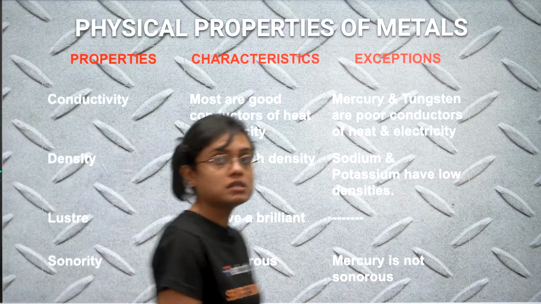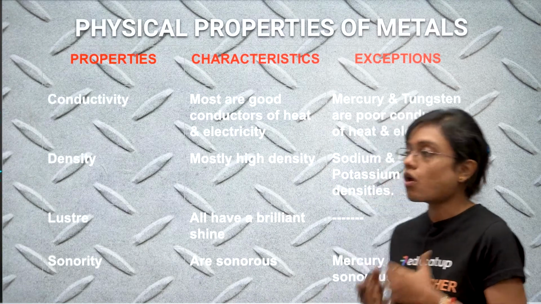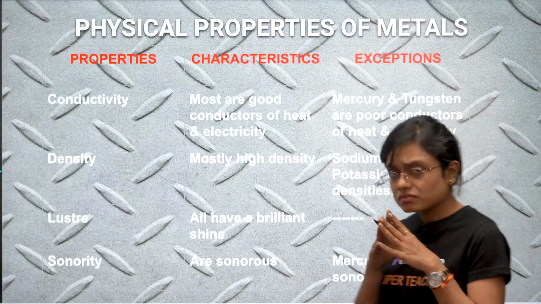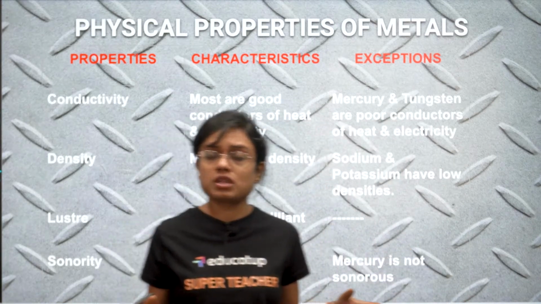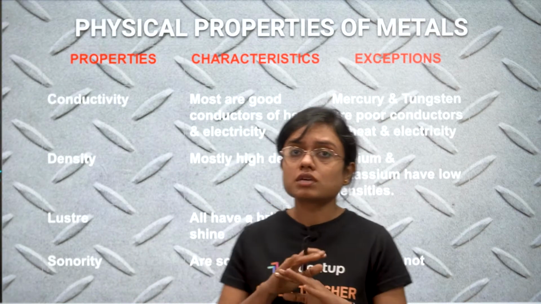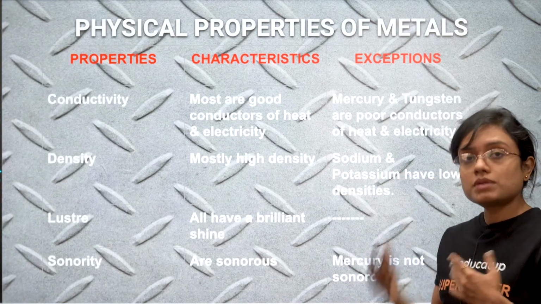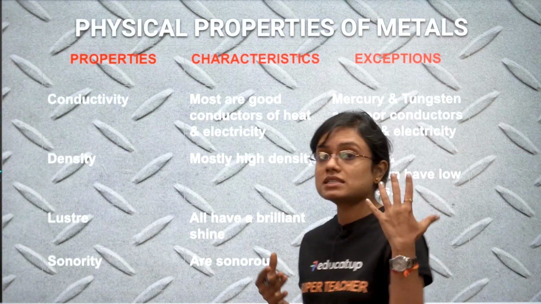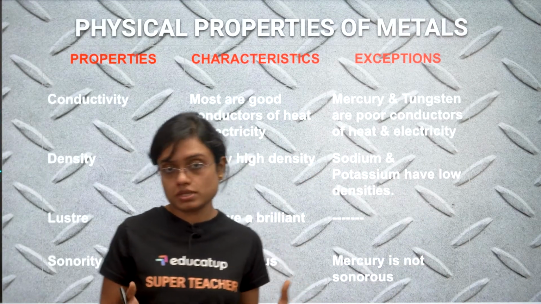Again, they have low density. If we talk about luster, that means the shine, all metals have a brilliant shine. In fact, sodium, potassium, every metal has a brilliant shine. They are lustrous in nature. There is no metal which is dull. Sonority means the ability to produce sound. So yes, metals are sonorous except for mercury, which is not a sonorous metal.